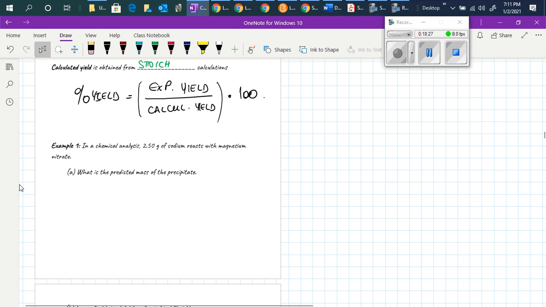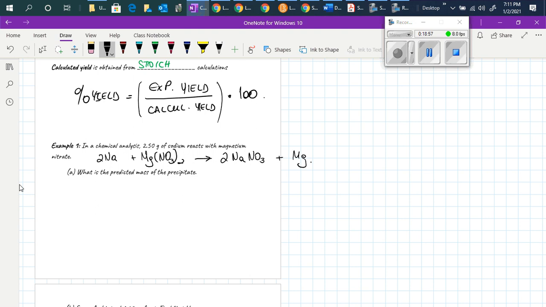Okay, so the chemical reaction we are dealing with here is sodium reacting with magnesium nitrate to produce sodium nitrate plus magnesium.